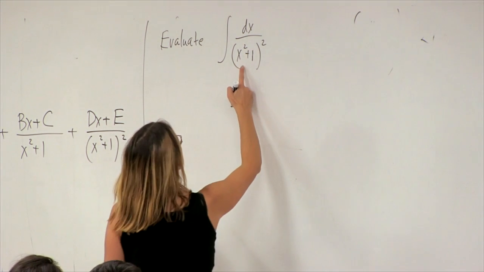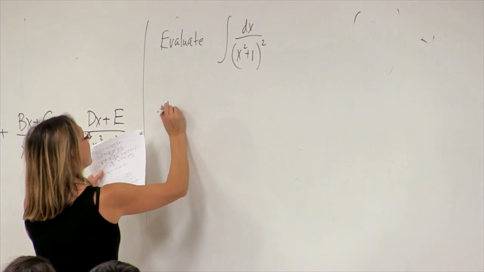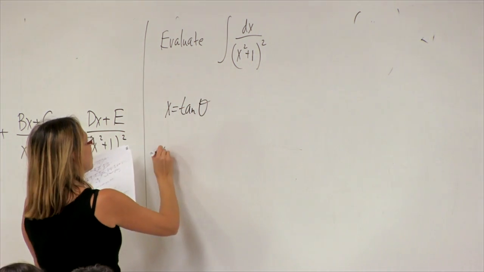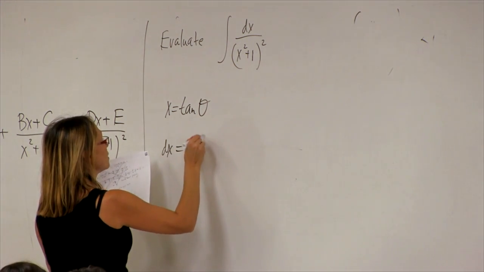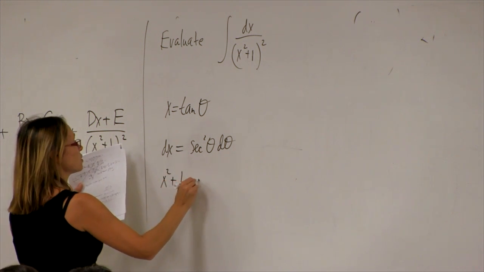When we recognize that we can reduce the denominator. So we say x equals tangent theta. So what follows from this? Let's see what we gain. This is secant squared theta d theta. What is x squared plus 1 in this case?